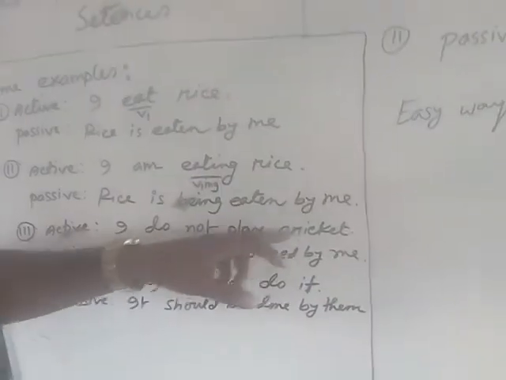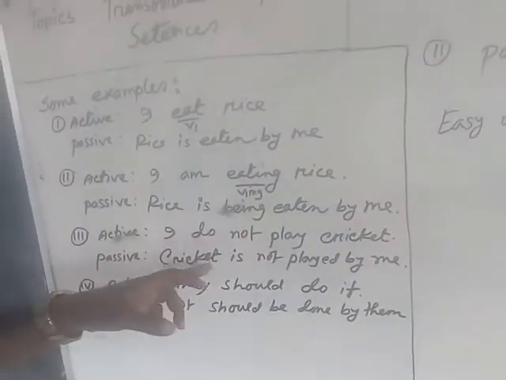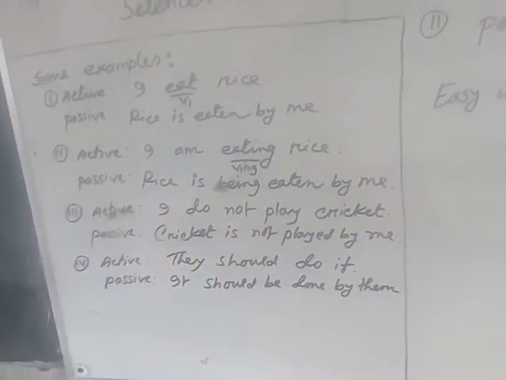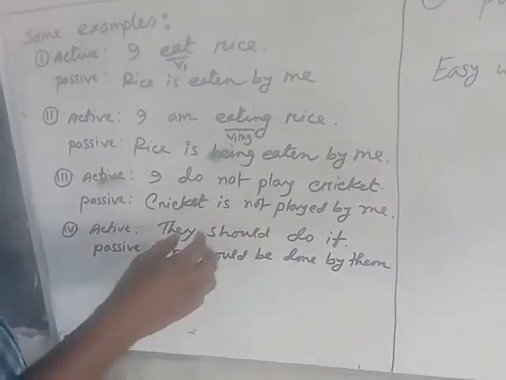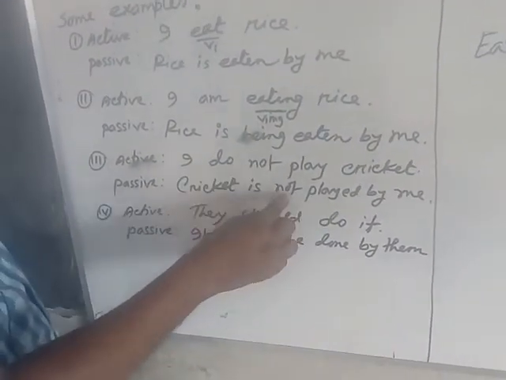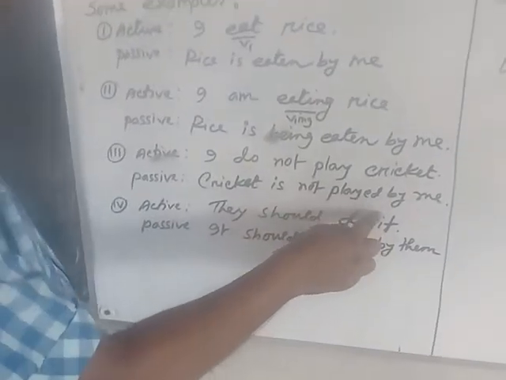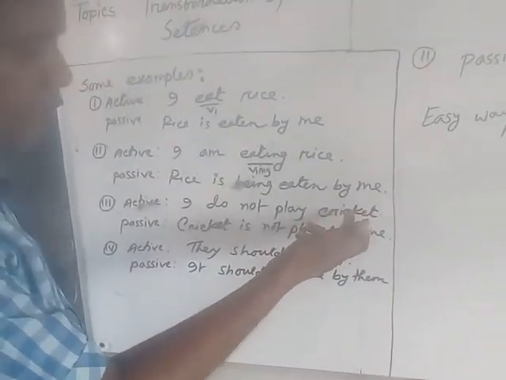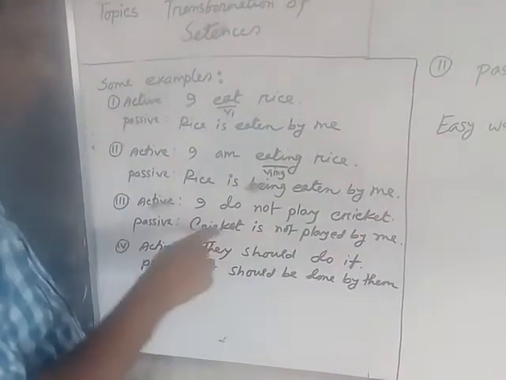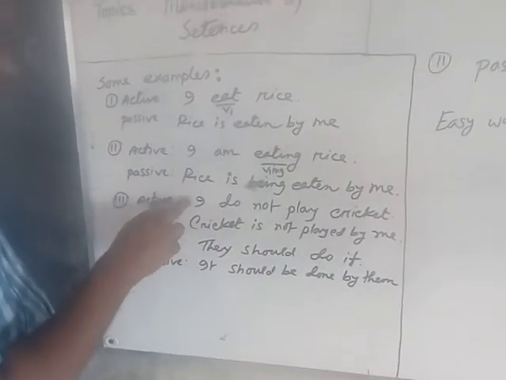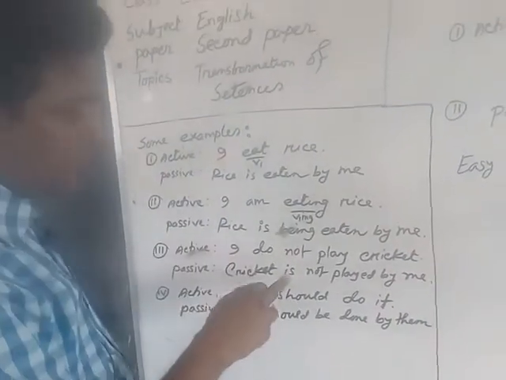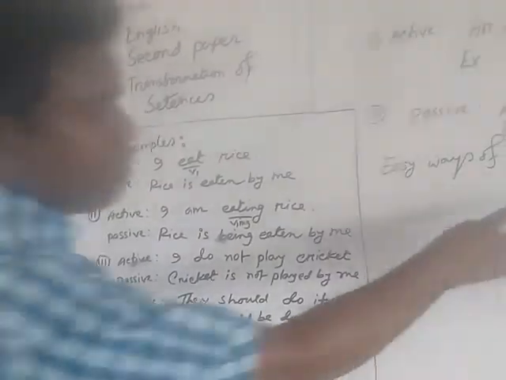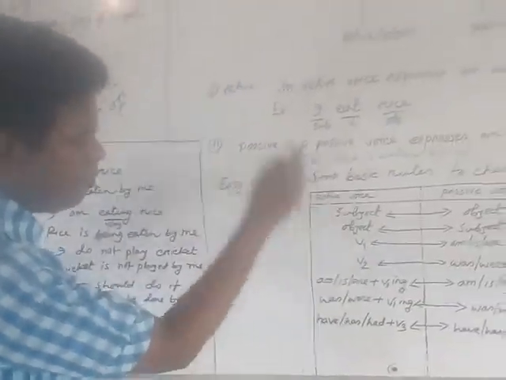Look at the change: I do not play cricket becomes: Cricket is not played by me. Here am, is, are, here not, here V3 plus by. Here cricket was the object and it has become the subject, and I was the subject and it has become the object. This is the system which I have written.